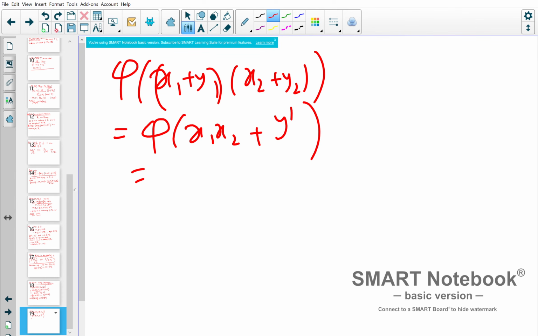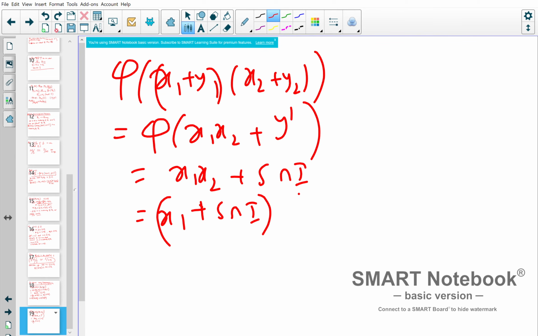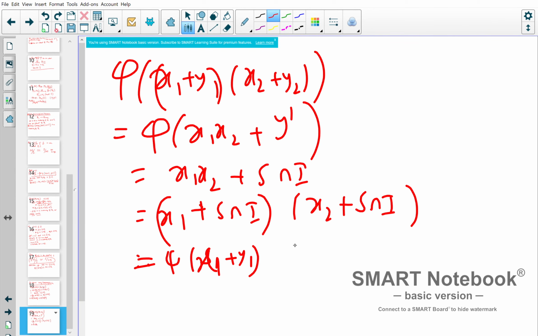So this becomes x1 x2 plus S ∩ I, and hence x1 plus S ∩ I into x2 plus S ∩ I, and done. So this implies phi of x1 plus y1 into x2 plus y2 equals phi of x1 plus y1 into phi of x2 plus y2, right? So the homomorphism property is okay, and the ontoness is also obvious by definition actually.